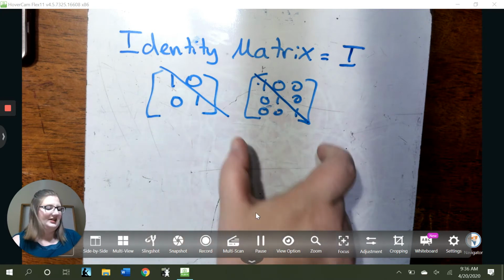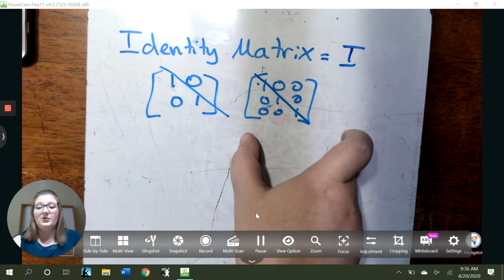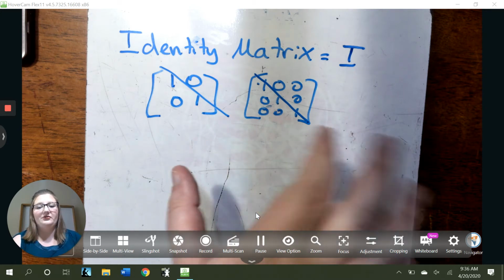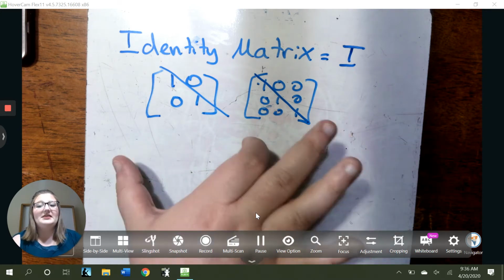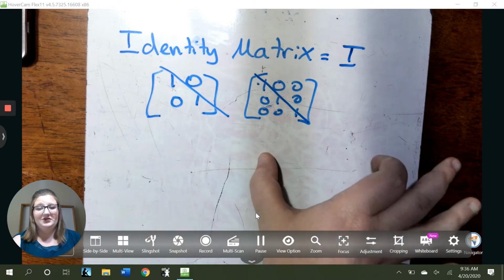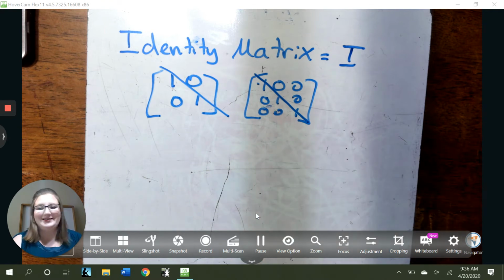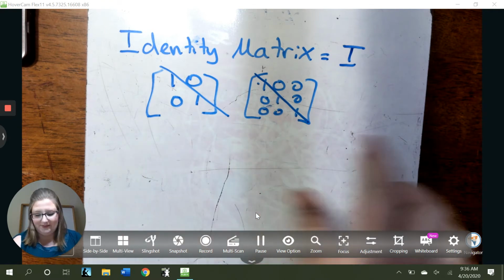It depends on what size you need for the operation. If you follow the rules for addition or multiplication, you can figure out which identity matrix you need. It could be a 2x2, a 3x3, or a 6x6, and it would still follow that same pattern.